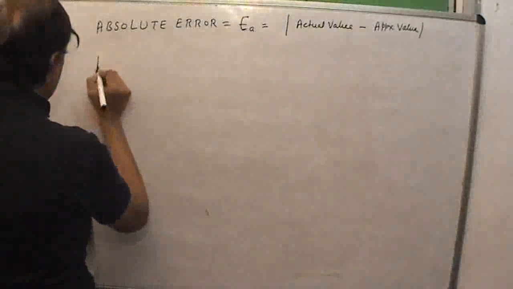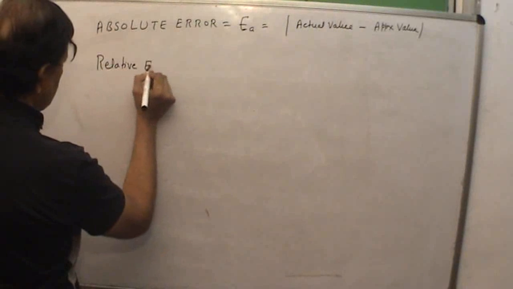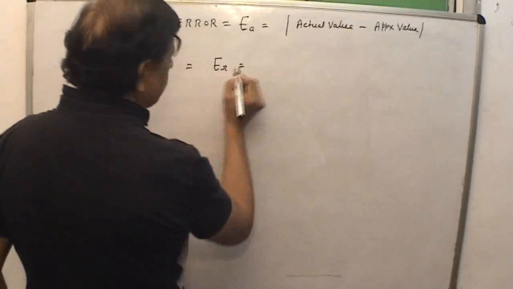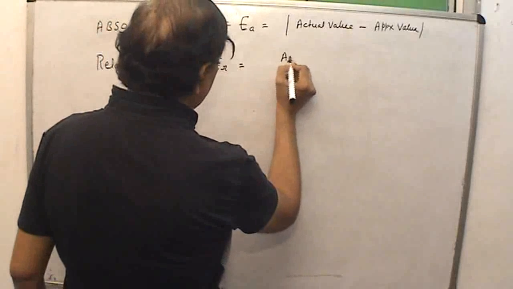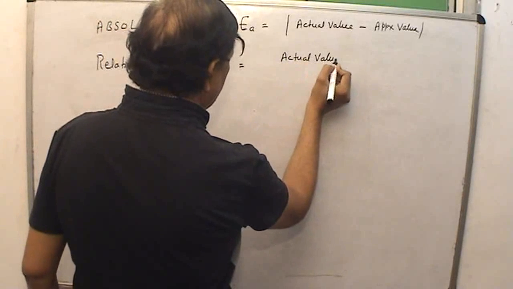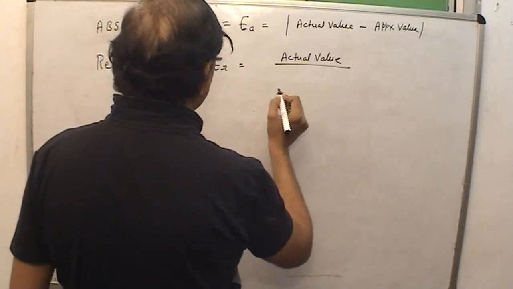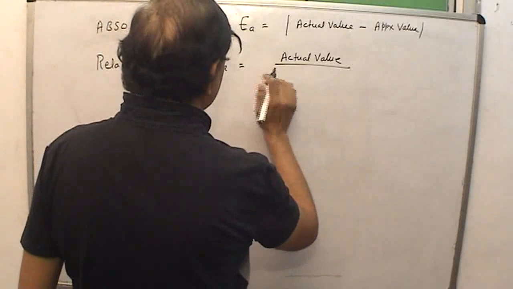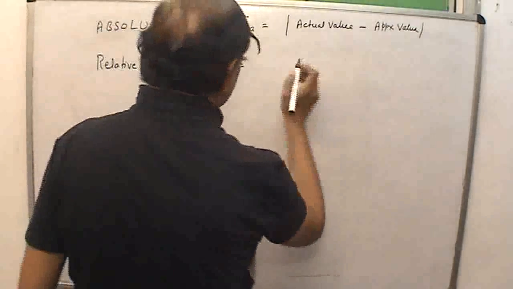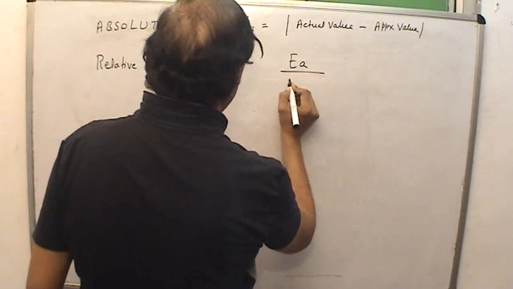Second, it is the relative error. Say ER, that is equal to absolute error divided by actual value.